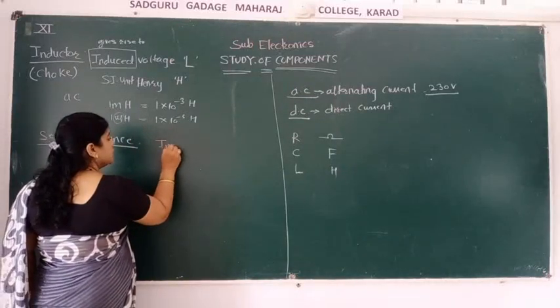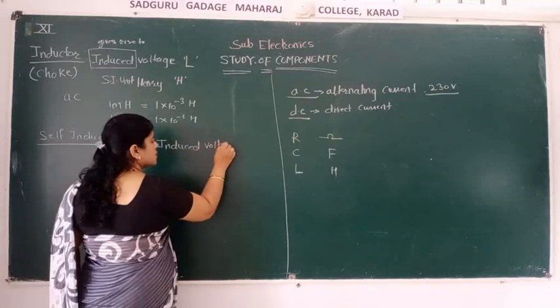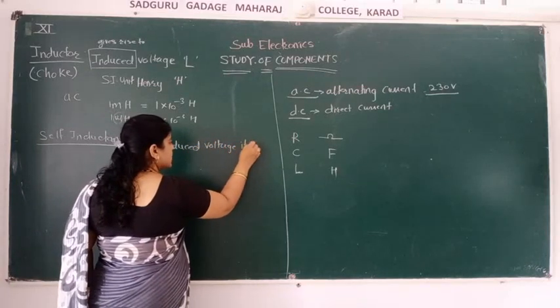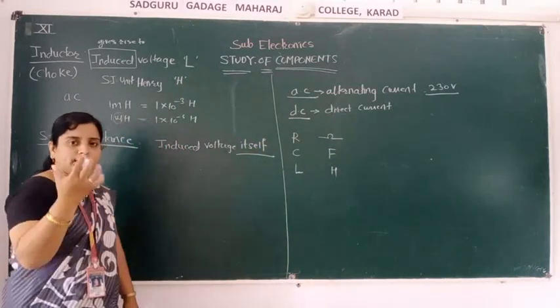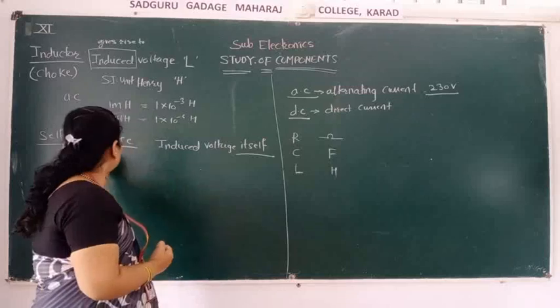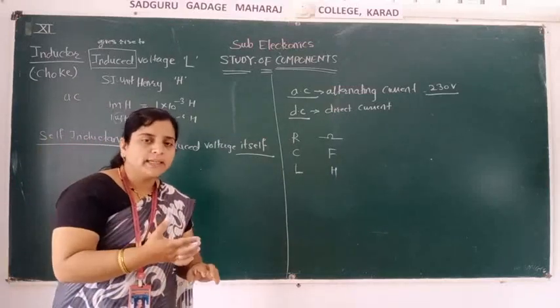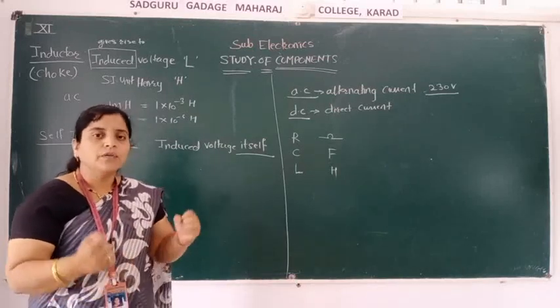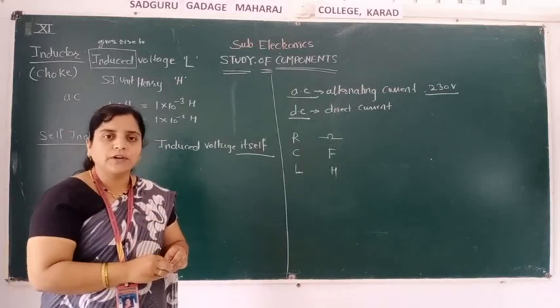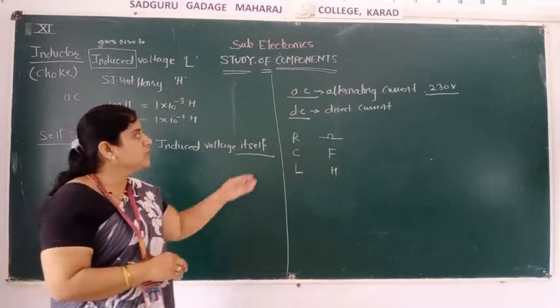It induces the voltage itself. This word is important. It induces the voltage itself in self-inductance. But in mutual inductance, it does not induce the voltage itself. For induction of voltage, we have to link another circuit, that we'll see later on.